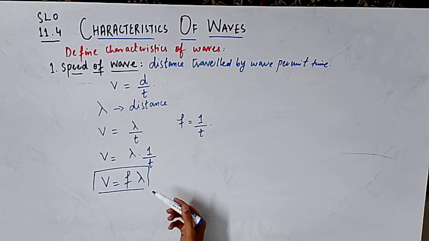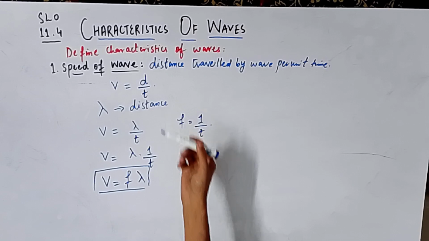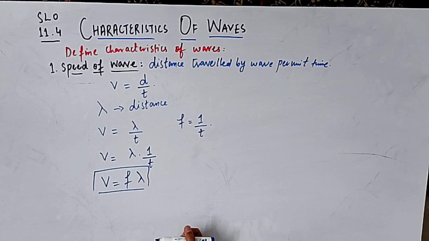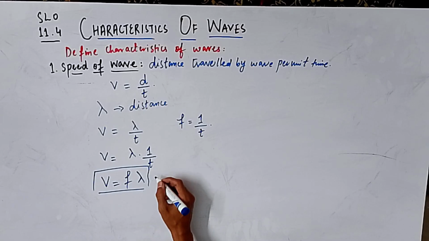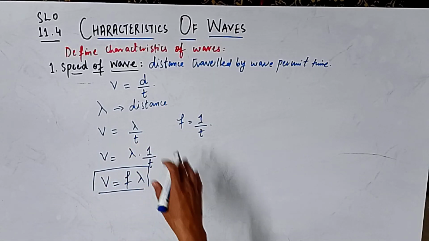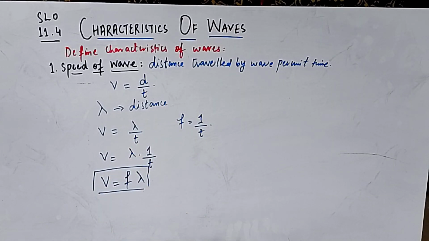But remember, if the word distance is used instead of wavelength, it also means the wavelength, and you can use the same formula for that as well. It depends on the question whether the time is given or the frequency is given, and you can use it accordingly. It will not change the answer. This is also a sub SLO of this topic, characteristics of waves, and we have covered it here, so we will not cover it later.